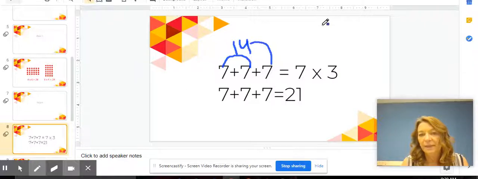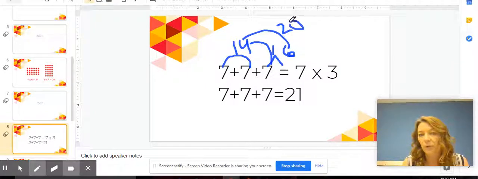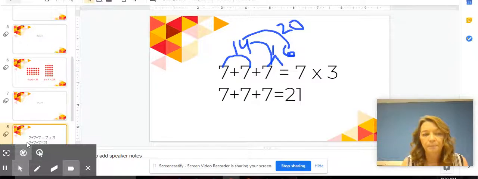Well, 14 plus 7, I need 6 to be able to make 20. So 6 and 1. 14 plus 6, we've got 20. And then we've got to add that one more in, and 20 plus 1 is 21.